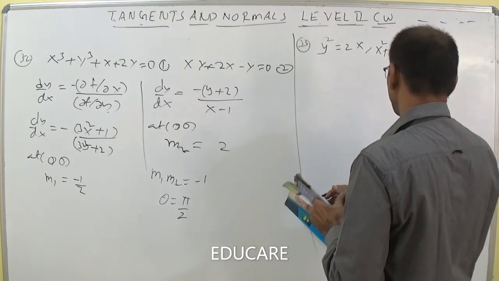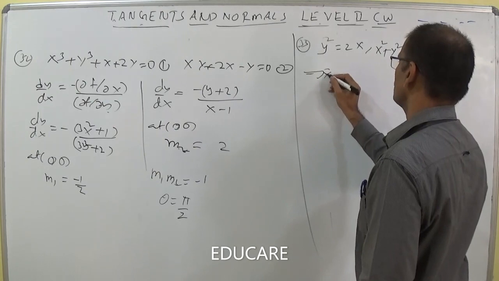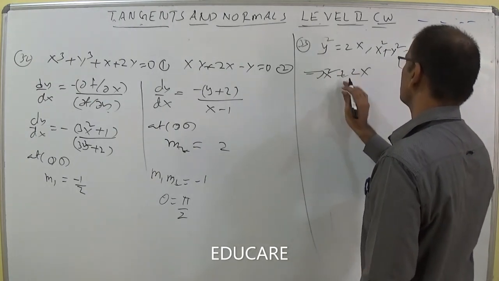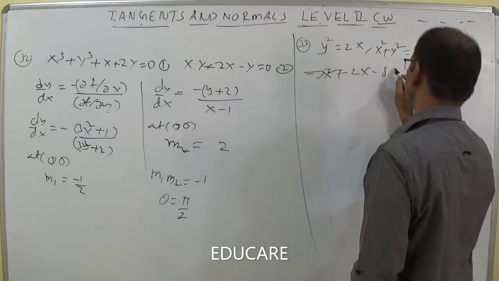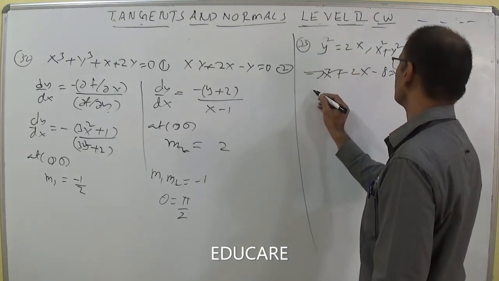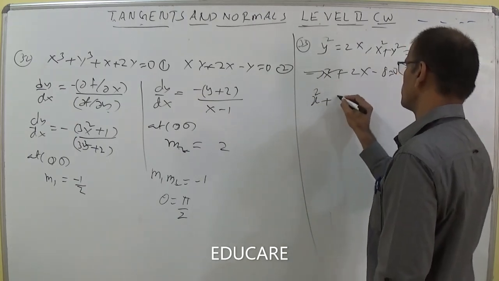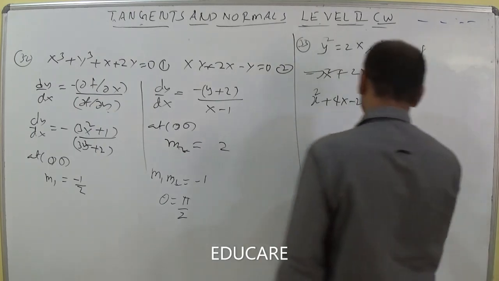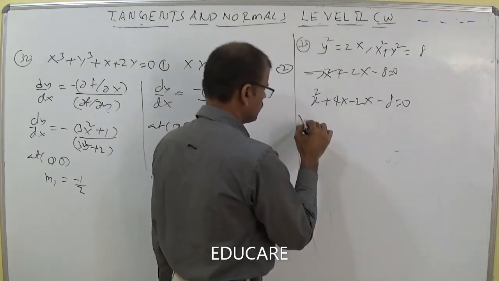He did not give the point of intersection, so you should calculate it. x square plus 2x minus 8 is equal to 0. Splitting the middle term, x square plus 4x minus 2x minus 8 equal to 0.